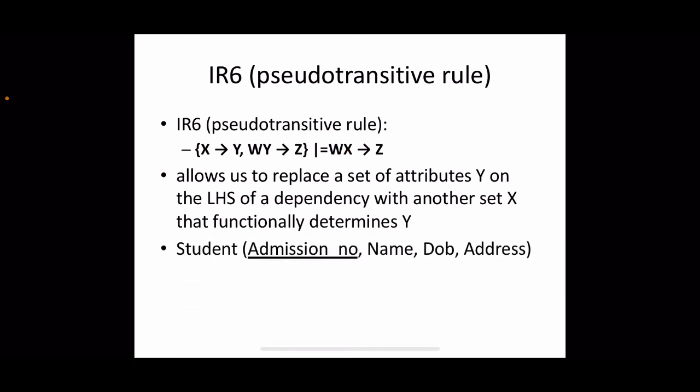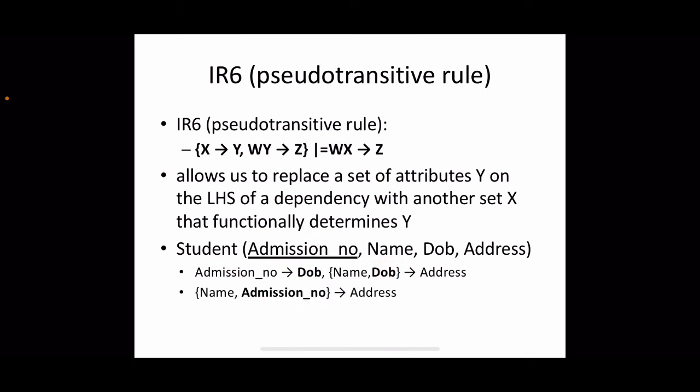For example, we have two different dependencies: admission number determines date of birth, and name and date of birth together determine address. Right? Then this date of birth can be replaced by this admission number. Okay, so we have a new dependency, name and admission number determines address.